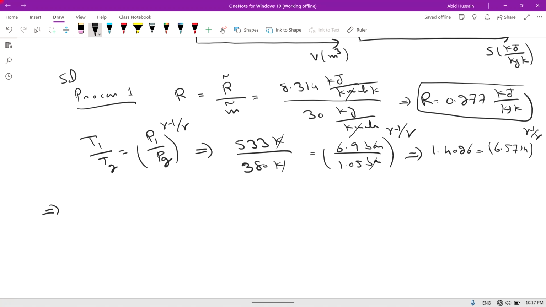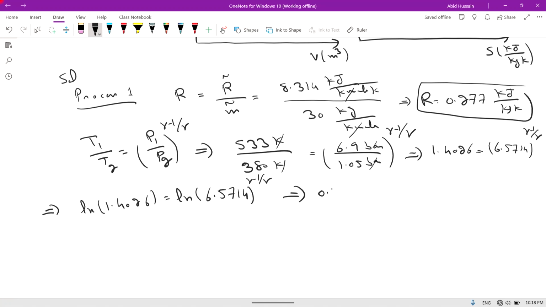For the solution of this problem, take the natural log of both sides. So the natural log of 1.4026 is equal to the natural log of 6.5714 to the power (gamma minus 1) divided by gamma.